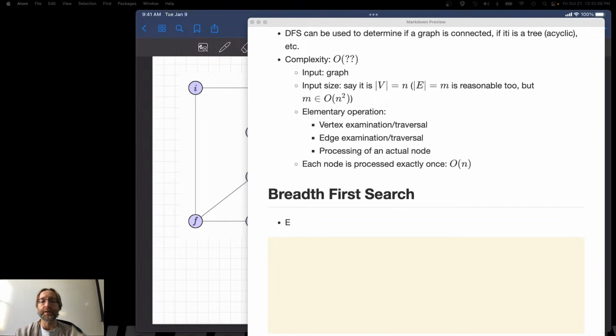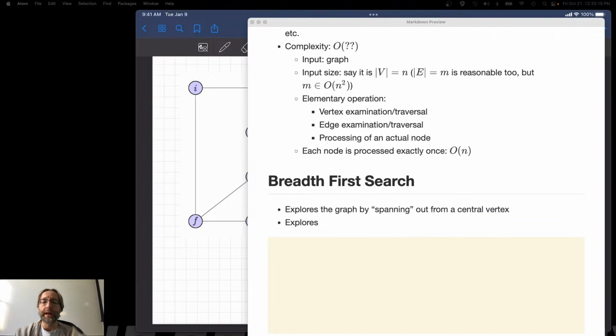It explores the graph by spanning out from a central vertex. That's the way I'm going to put it. Basically, it explores near vertices first before moving out, right?